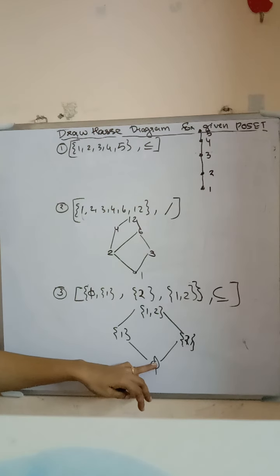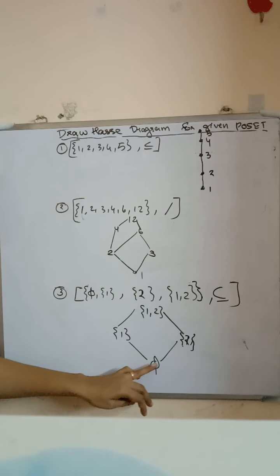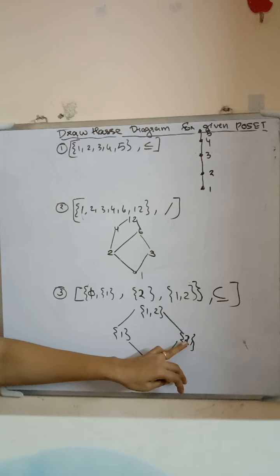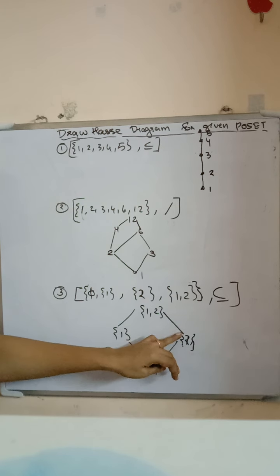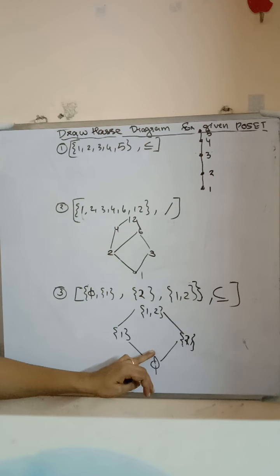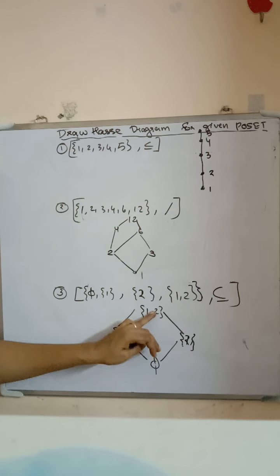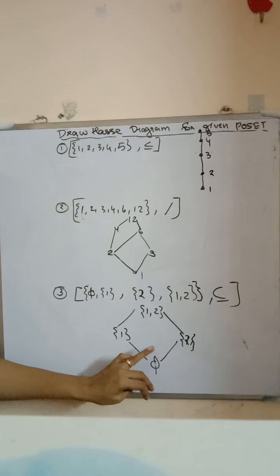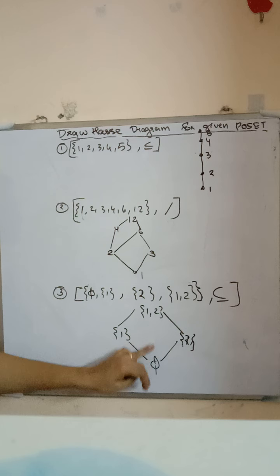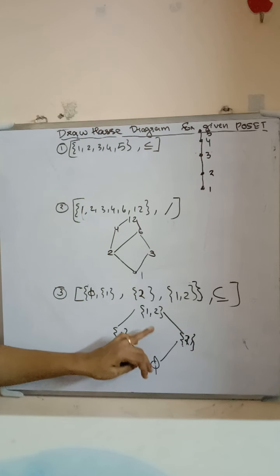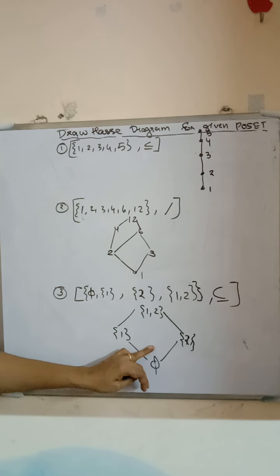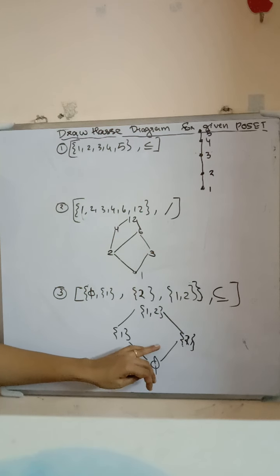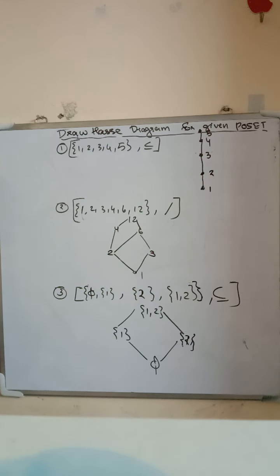That the null set is a subset of {1, 2} is clear because the null set is a subset of {2} and {2} is a subset of {1, 2}. This edge does not appear in the Hasse diagram because this edge shows the transitivity property. Transitivity is understood in a partial order relation, so this edge does not appear. So this is the Hasse diagram of this relation.